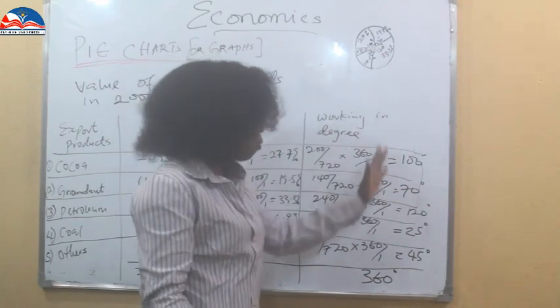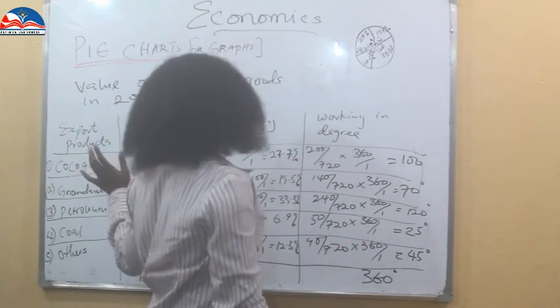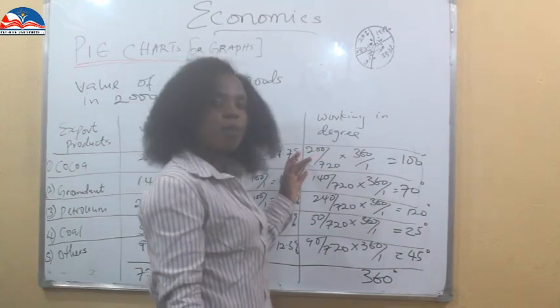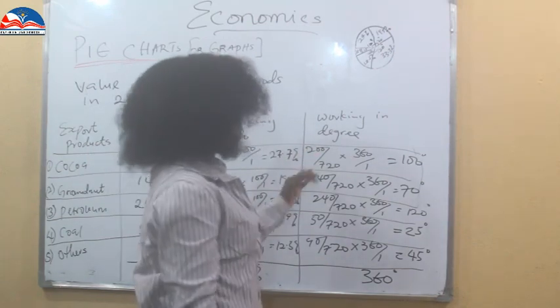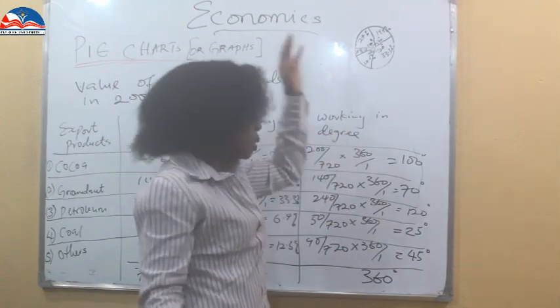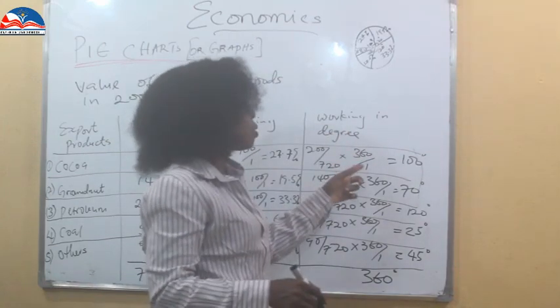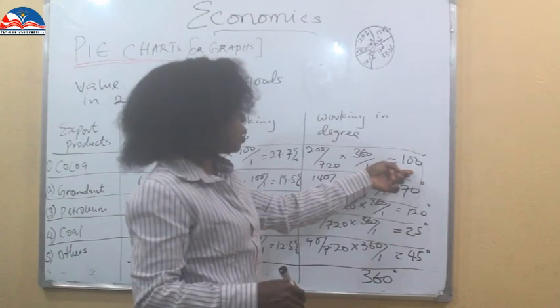But if after you have worked it this way, your product exported over the sum total of what is exported times your circular total, which is 360 over 1, will give you 100 degrees.